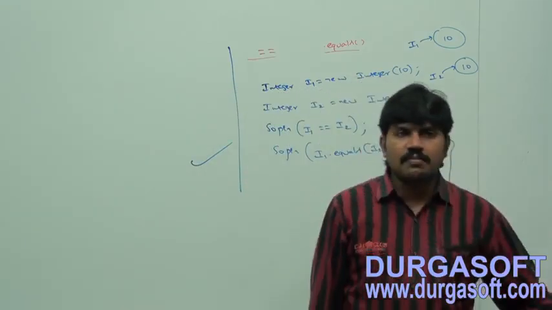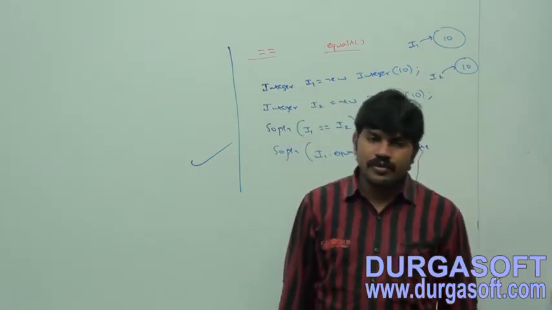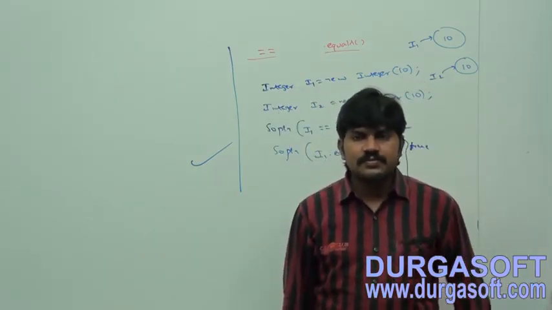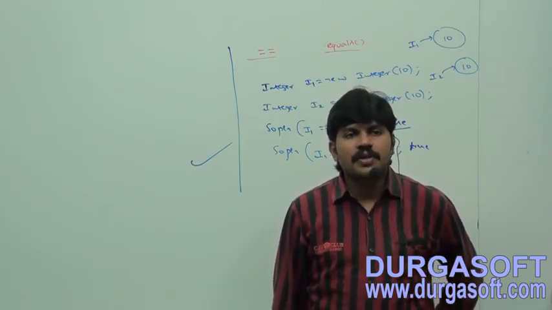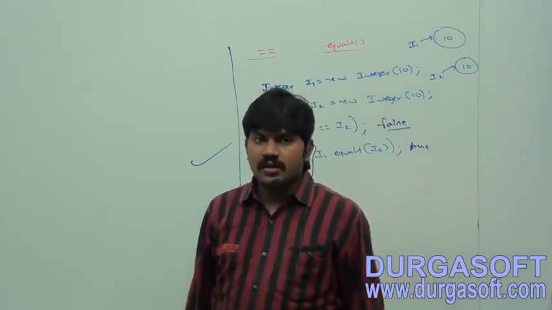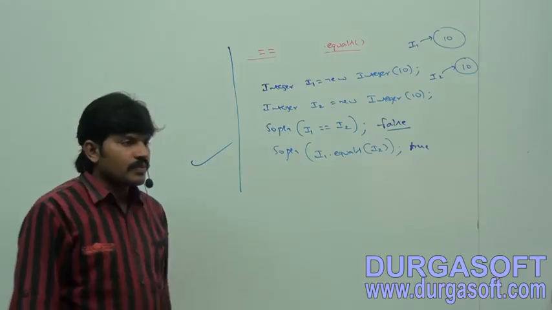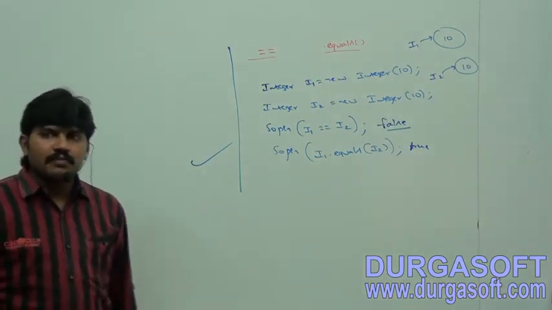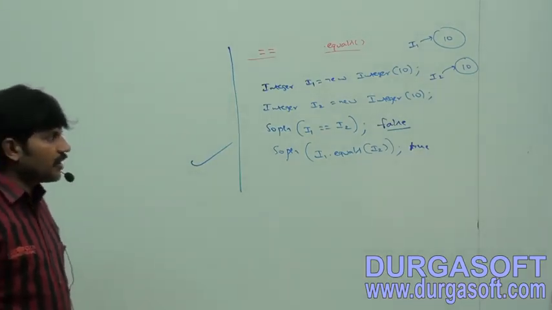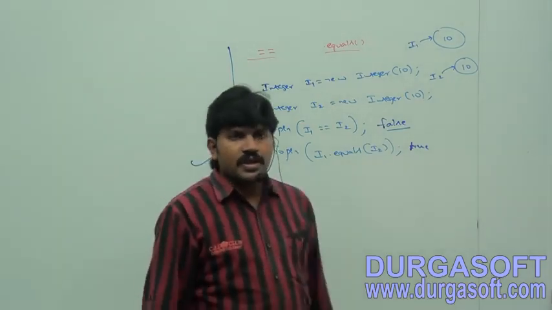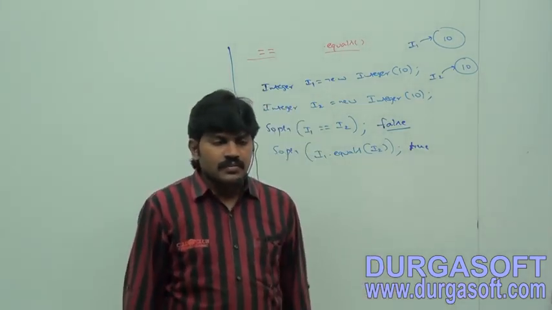Whereas the dot equals method is meant for what? The dot equals method is meant for content comparison.